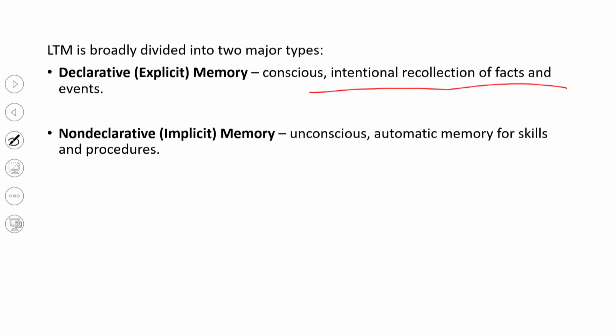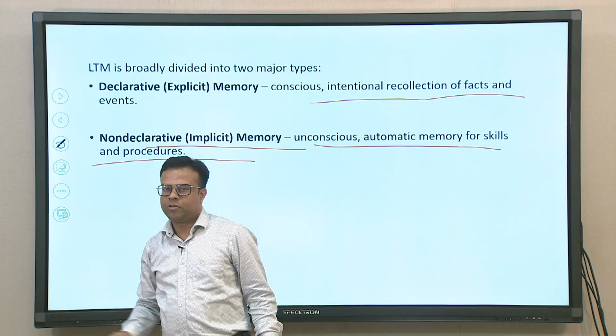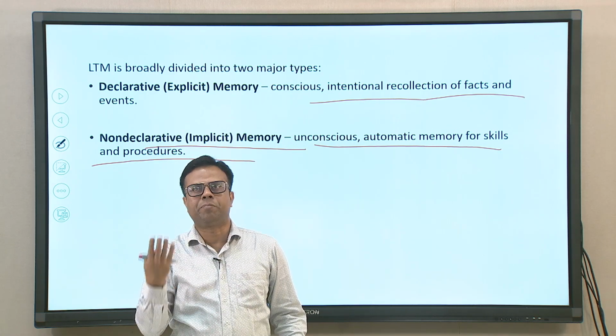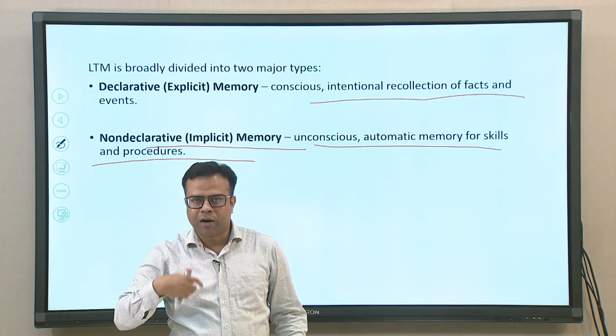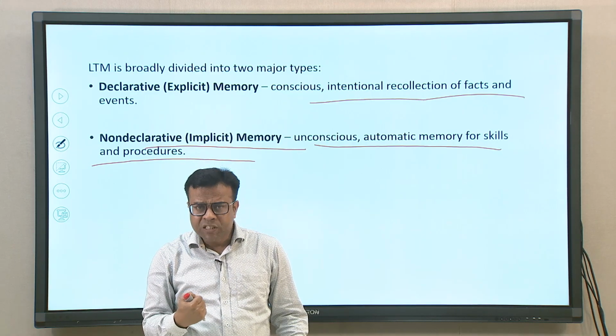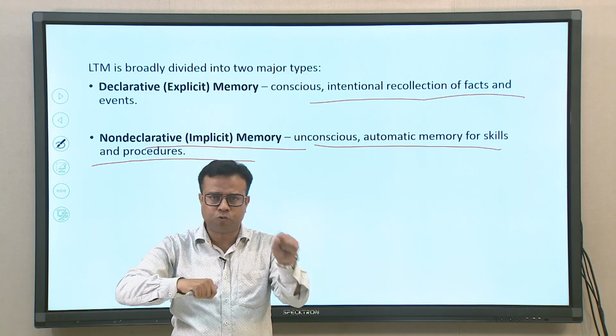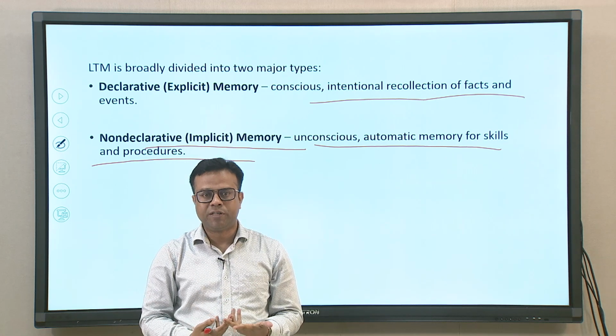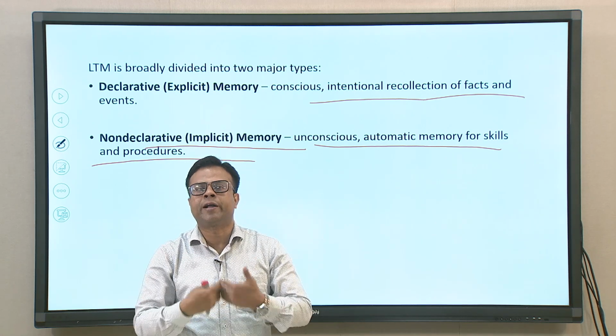On the other hand, non-declarative or implicit memory is generally unconscious, automatic memory for skills and procedures. Some of the things you do not consciously remember. For example, once you learn to ride a bicycle, you do not remember every time what steps should be followed, it happens automatically and unconsciously. These are called implicit or non-declarative memory.